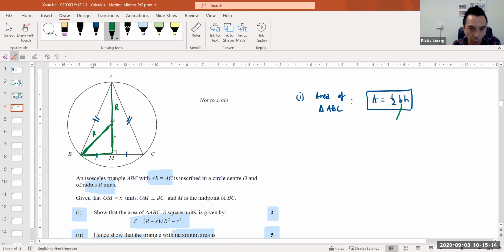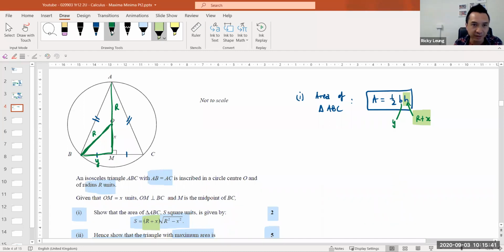I'm going to let it be y, right? So that's y, and the height, if that's r and that's h, then h is r plus x. Beautiful, and r is constant. Now, if you look at what you want to prove, r plus x is already there, right? That's the h. Beautiful. Now I've got this extra letter y when I sub that in, that eventually I want to remove.